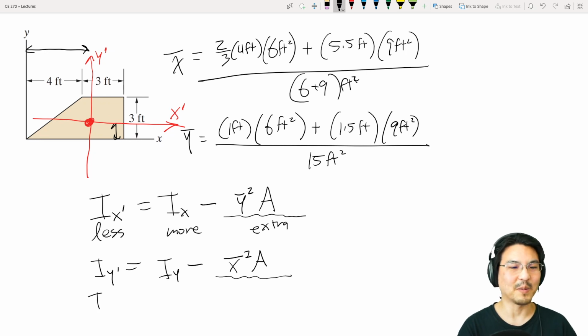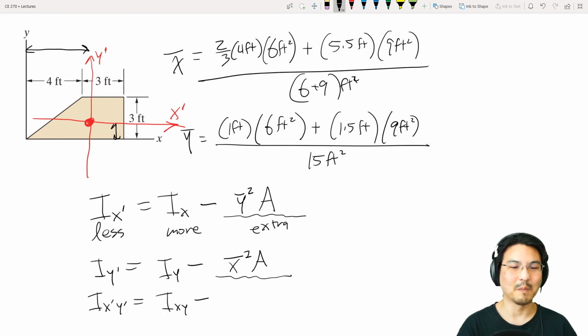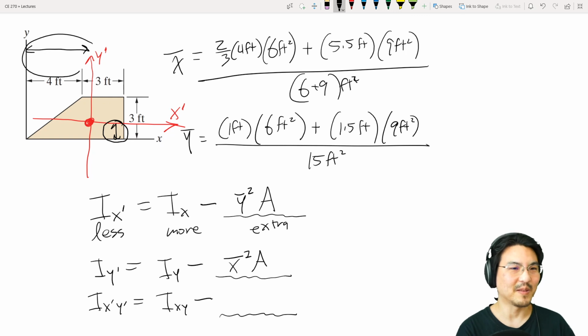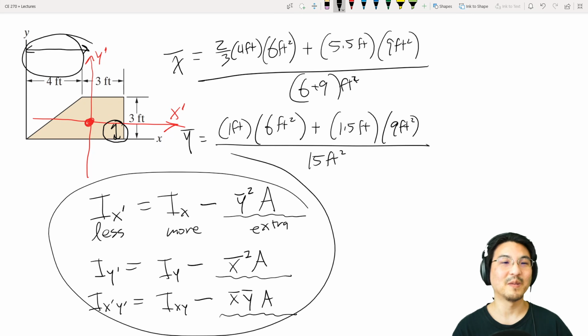Okay, and then how about the product of inertia? Again, that's a minimum. This one is more, we just solved for that earlier. So it's minus some extra amount. How much is that? This distance times this distance times the area. So there, that's how you would get moments of inertia for the composite about axes through the centroid.